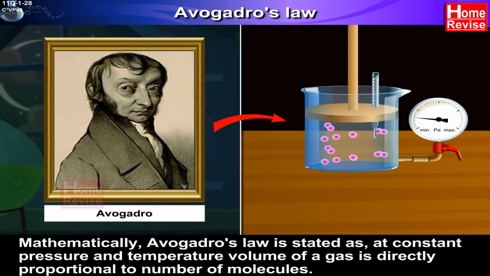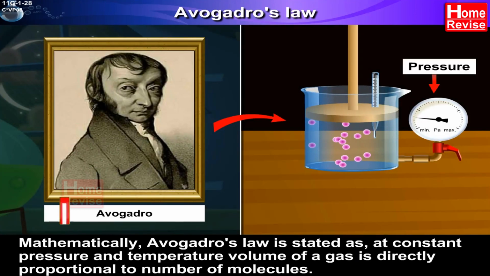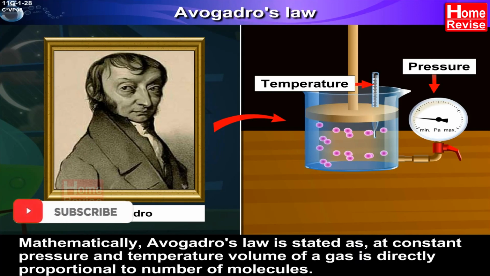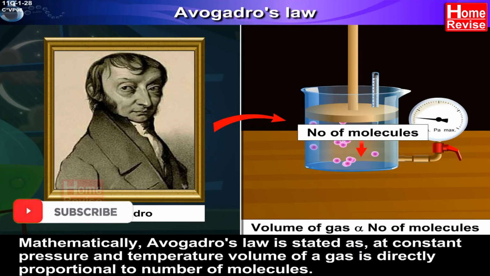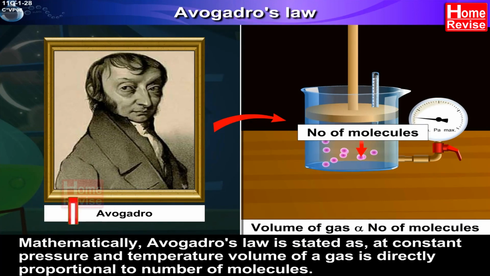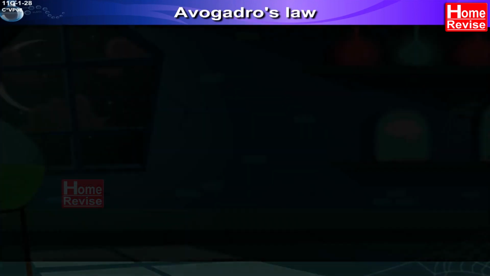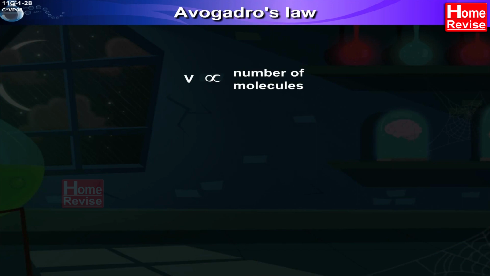Mathematically, Avogadro's law is stated as, at constant pressure and temperature, volume of a gas is directly proportional to the number of molecules. V is directly proportional to the number of molecules, where pressure and temperature constant.